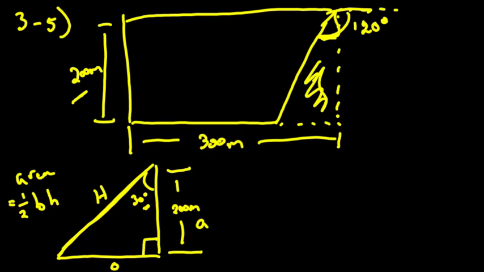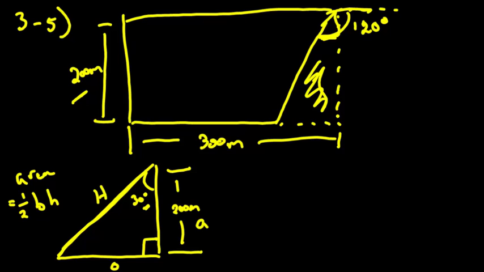I don't want to get confused with hypothesis, or hypotenuse, sorry. So the area of a triangle in general is 1/2 base times height. We have the height, which we know is 200 meters, but now we have to find the opposite side.